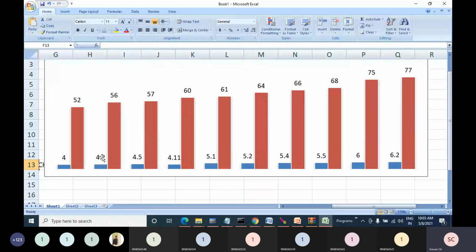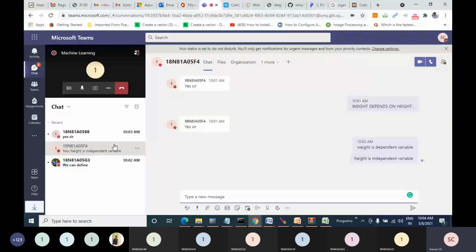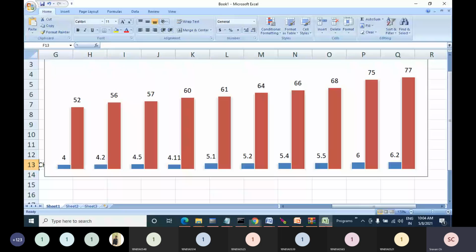So can we measure this proportion of change? We now accept that when height is changing, weight will change definitely. So how much change was made in height and how much it affected weight?